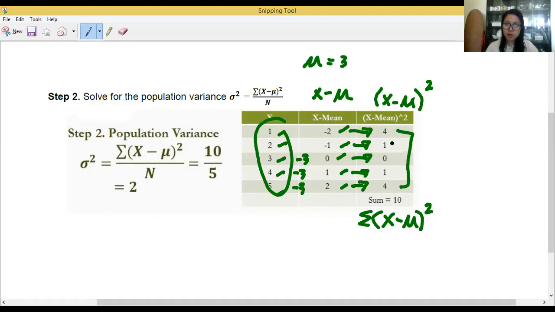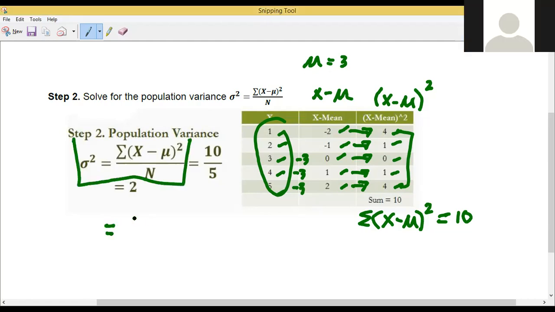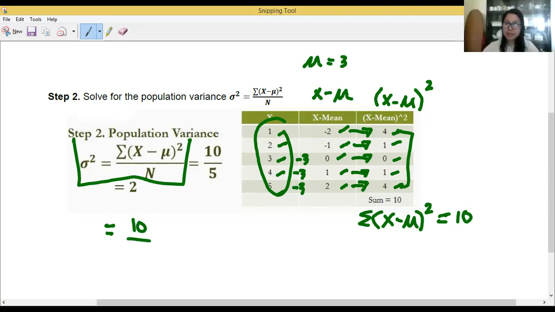We have 4, 1, that's 5, plus 1, 6, plus 4, 10. So our summation is 10. Now, how to solve for the population variance? Here's the formula for the population variance. So the summation, that's 10, divided by how many entries are there? There are, wait for a while.